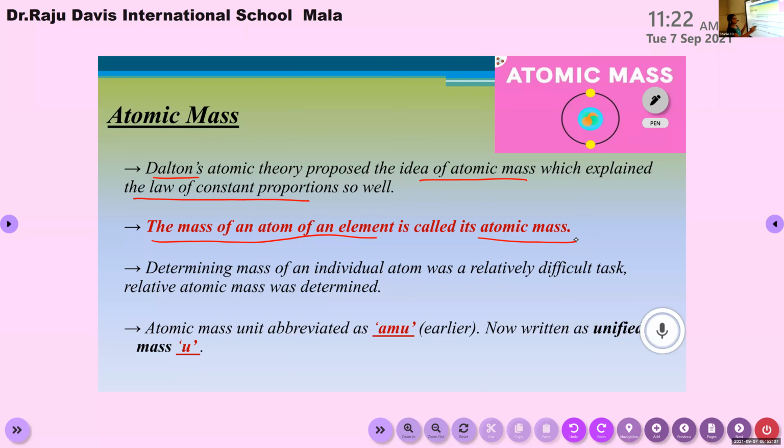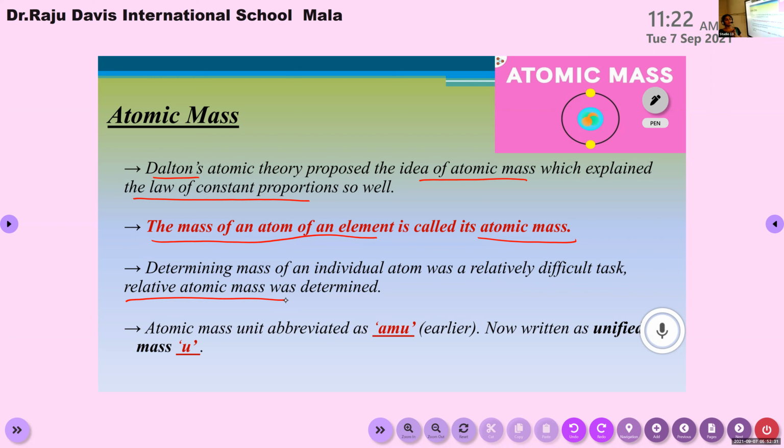Determining the mass of an individual atom was a relatively difficult task. So relative atomic mass was determined. To find out the atomic mass of each and every element in the periodic table was very difficult. So here we are using the method of relative atomic mass.